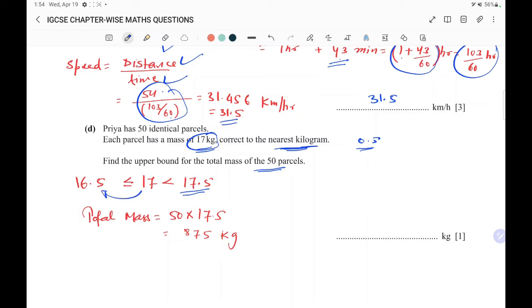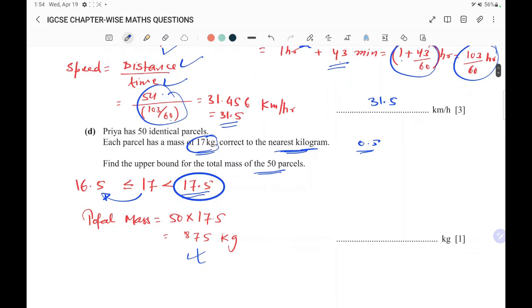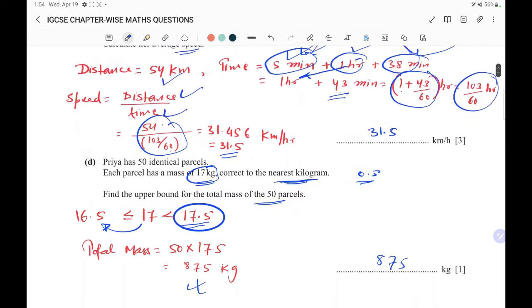This is the upper bound and 16.5 is the lower bound. Now the total mass. The upper bound for one parcel has a mass of 17.5. Just multiply 50 by 17.5 to get 875. That's the total mass for 50 parcels, 875.